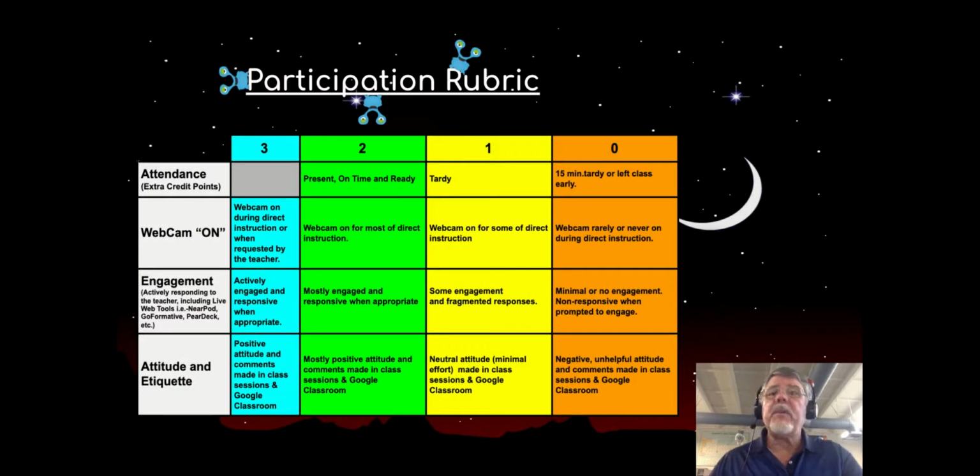Now, this is something that is a bit new, and we're going to be implementing that as of right now. And that is the participation rubric, which is the way that I'm going to be scoring you on a daily basis for participation. And you can see that there are basically 4 categories.